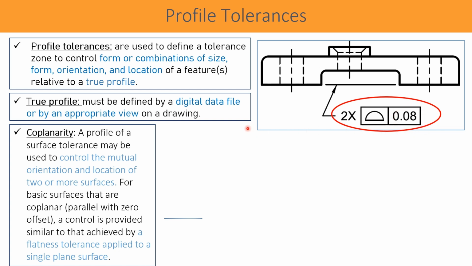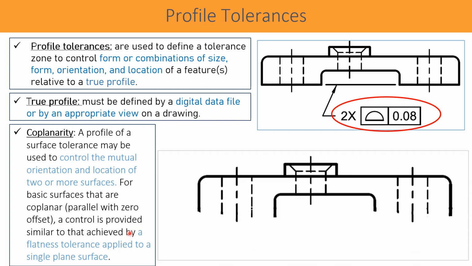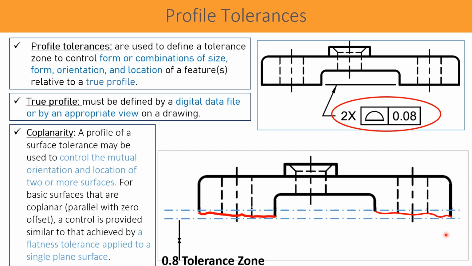Summarizing, a profile of a surface tolerance may be used to control the mutual orientation and location of two or more surfaces. For basic surfaces that are coplanar, that is parallel with zero offset, a control is provided similar to that achieved by a flatness tolerance applied to a single plane surface.